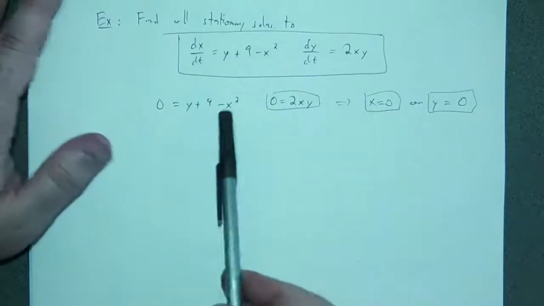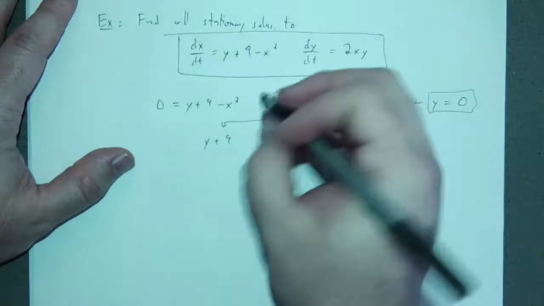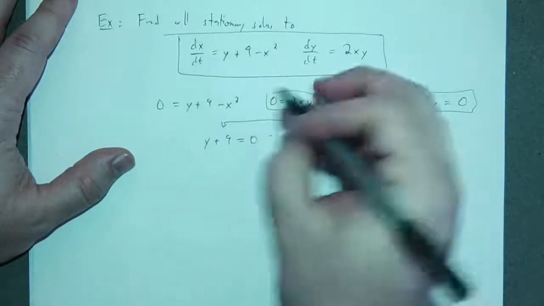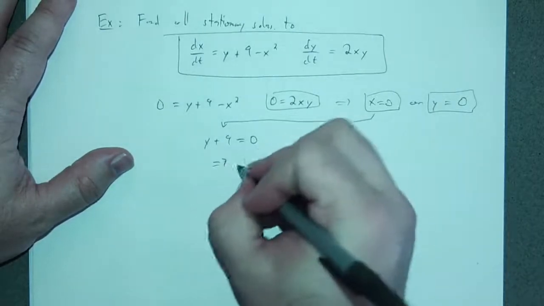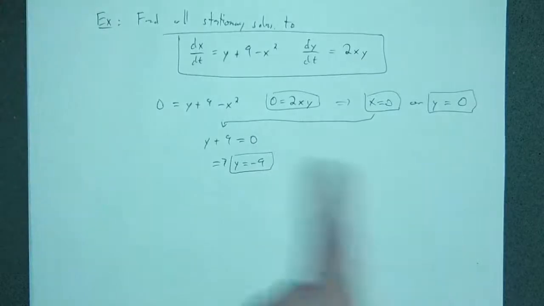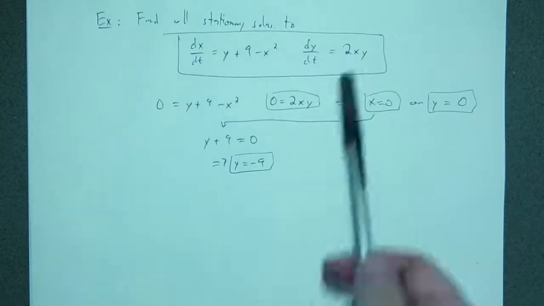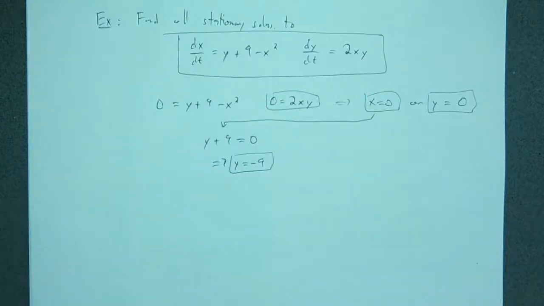Now, if x is equal to 0, then y plus 9 has to be 0, so plug in 0 into the first equation. Y plus 9 equals 0 implies that y is minus 9. Okay, so if these two things are going to be satisfied simultaneously, y has to be minus 9 here. So both x and y being 0 would satisfy the second equation, but it's not going to satisfy the first one. Right? 9 is not equal to 0. So y is equal to minus 9.